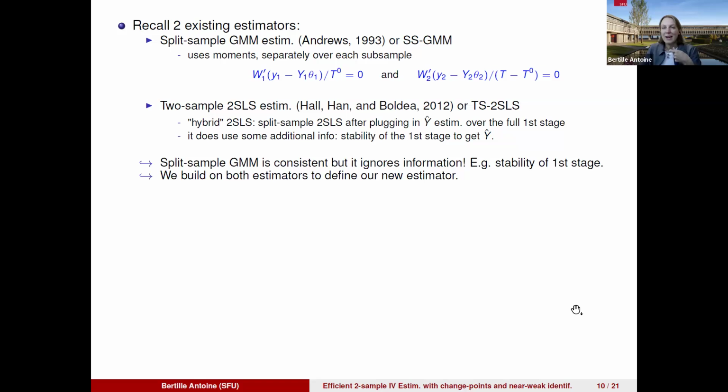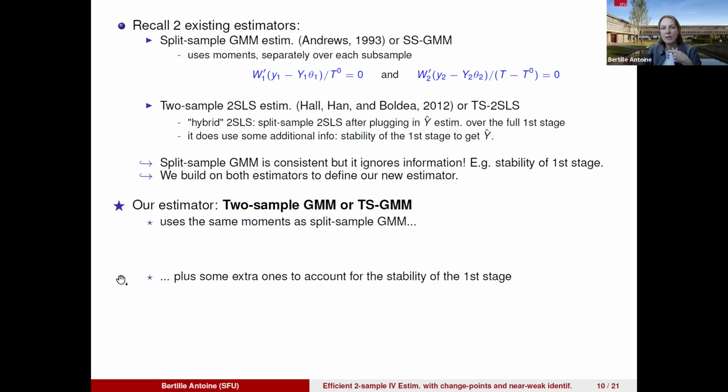So what is our idea? Our idea is to go one step further than the hybrid 2SLS approach. Of course, we want to use the same moments as the split sample, because these are the moments that are going to give us identification of both slope parameters, θ1 and θ2. But instead of doing this plug-in 2SLS full sample approach, we actually want to take the stability of the first stage more seriously.